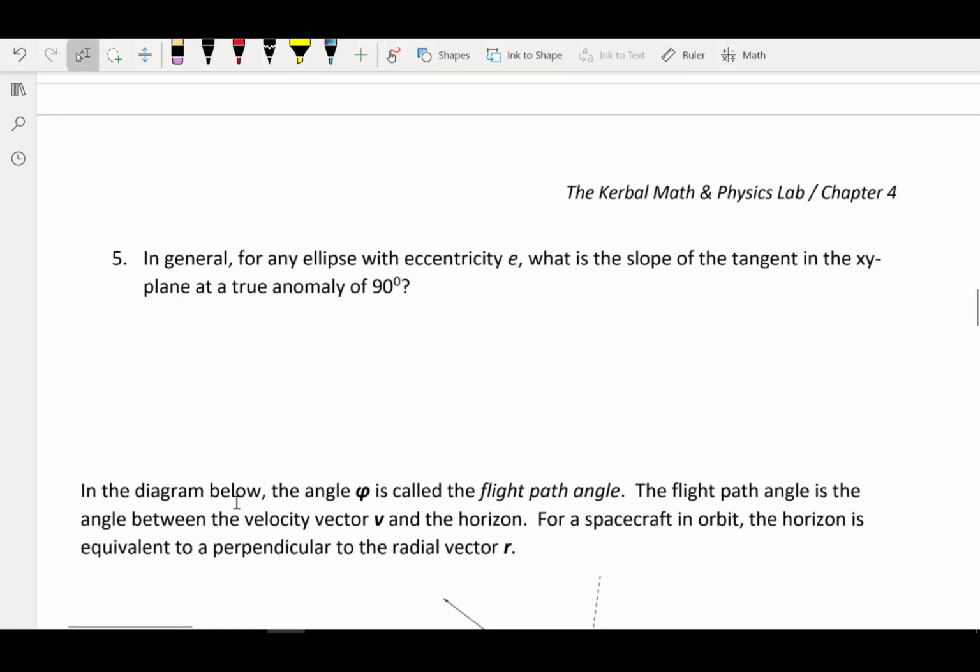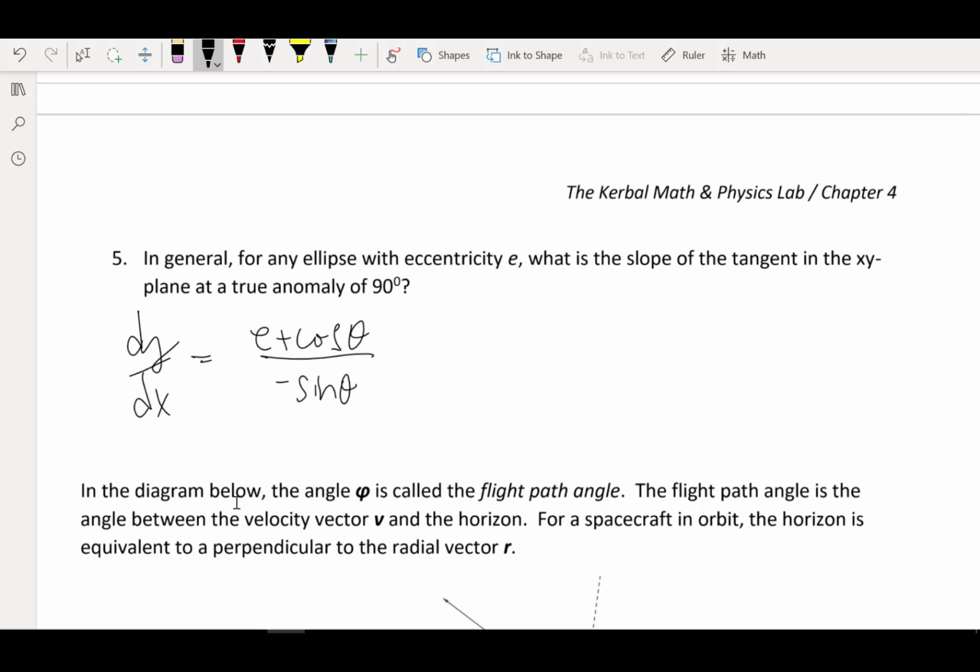Let's look at number 5. In general, for any ellipse with eccentricity e, what's the slope of the tangent in the xy plane at a true anomaly of 90 degrees? The slope of the tangent is always going to be this for any ellipse with any given eccentricity. We don't even need to know what the semi-major axis is. This will always be the slope of the tangent at any point theta determined by the angle from the primary focus.